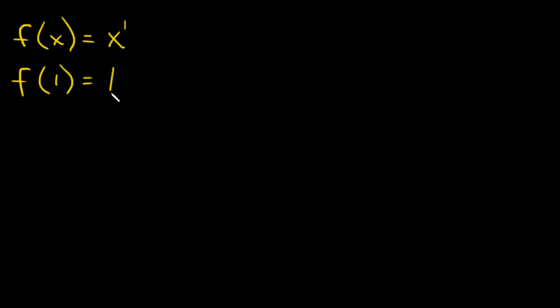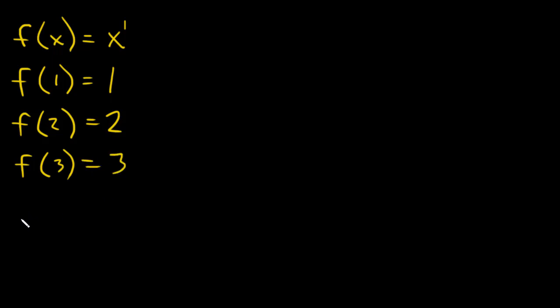Well, that would just be 1, right? F of 2 would be 2. F of 3 would be 3. And f of 4 would just be 4. Okay, now what about f of -1?